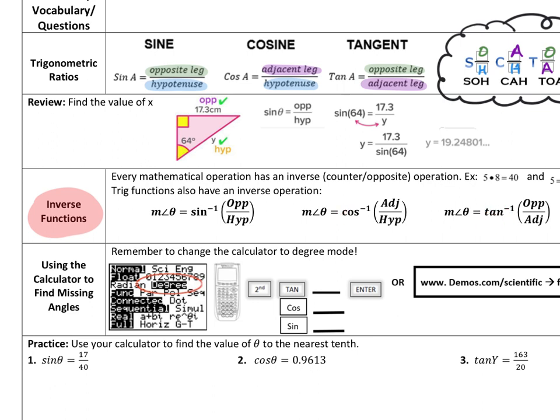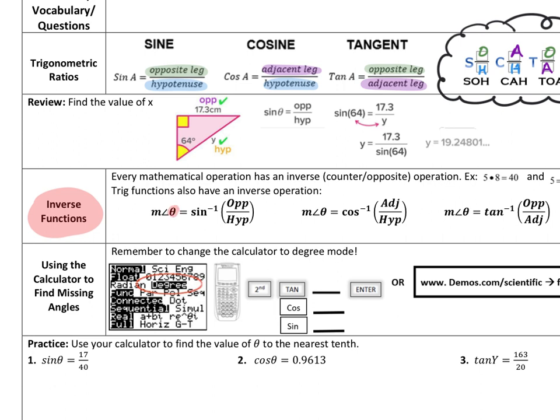But we represent them on our paper with the little exponent of -1 to show us that we're doing the inverse. If you Google stuff on the internet and you see something called arc sine, arc cosine, and arc tangent, those are the exact same things. It's just another way to represent this. So when we are doing inverse functions, instead of putting in an angle to get out a side length, you are going to find the angles.